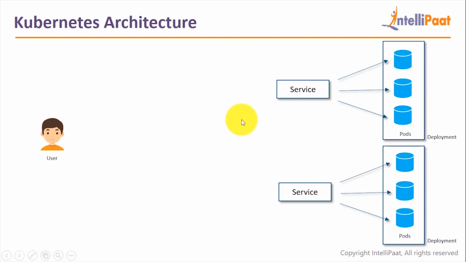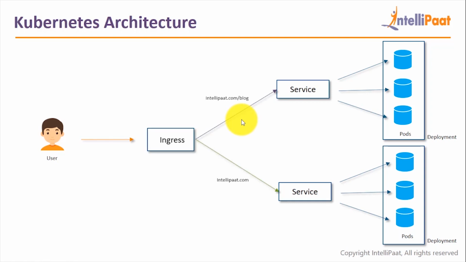For that, we have something called an ingress. What an ingress does is, based on the request the ingress is getting from the user, for example, if the user is requesting Intellipaat.com/blog, the ingress will send the request to this service. If it sees that the user is requesting Intellipaat.com, it will send the user to this service, right?